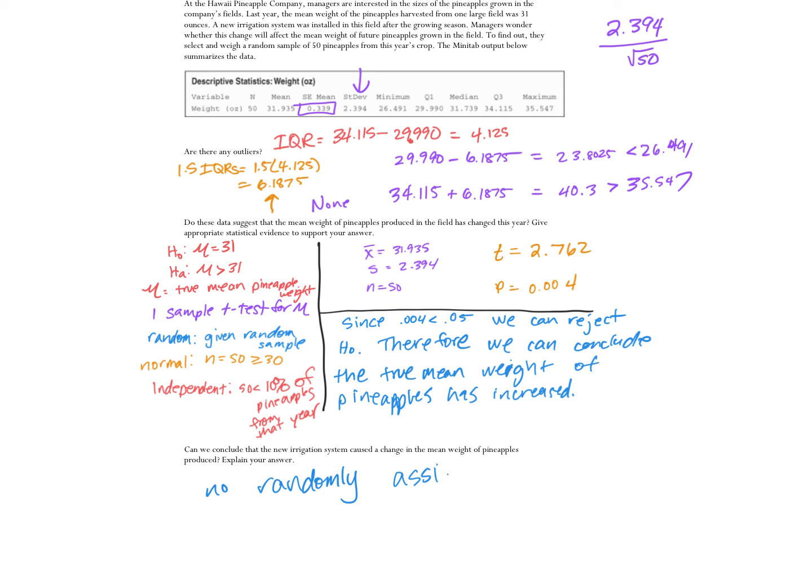The crux of the question is no randomly assigned treatments. I really like examples to talk about what the issue is. Weather, different fertilizers, crop rotation, who knows? There could have been other issues, okay?